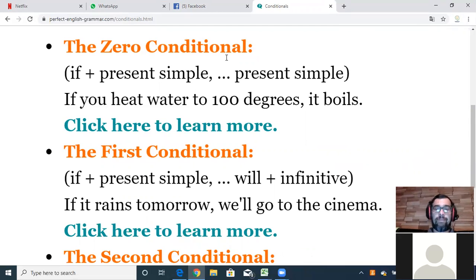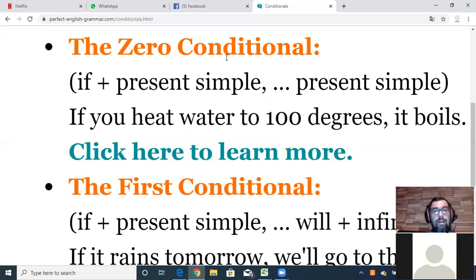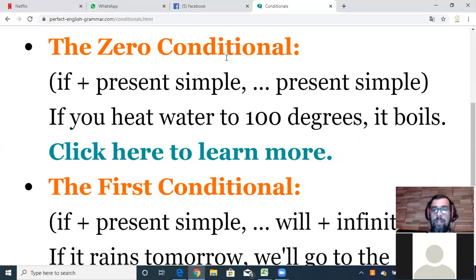If... let me see. It will be something that is real, right? Like a fact. Most of the time, it's like a fact, and it's present.